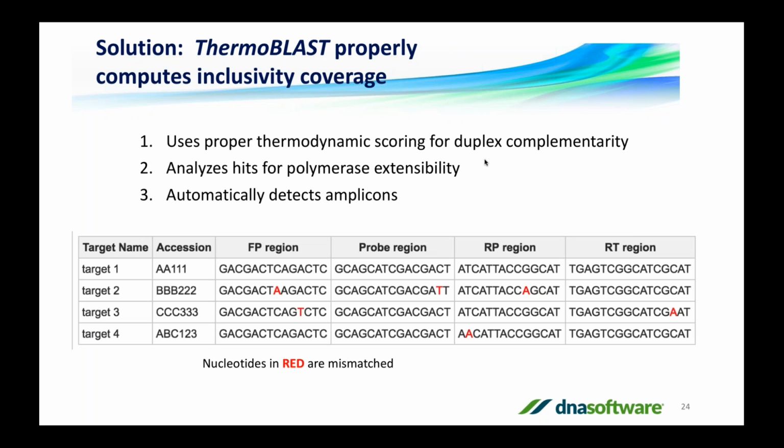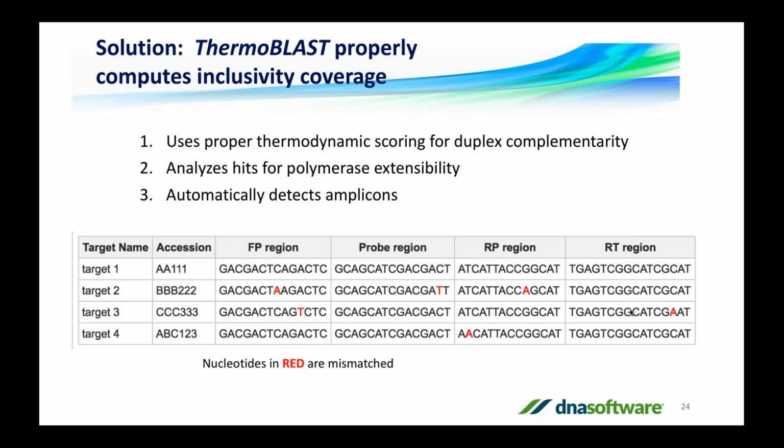It automatically detects amplicons that are created by pairs of primers. And we get output as shown here, for example, where for all the members of an inclusivity set, we can see how the primers that we designed cover them. And we can see the locations where there are mismatches. And the primer designs have been optimized to put these mismatches in places that are tolerable by polymerase.